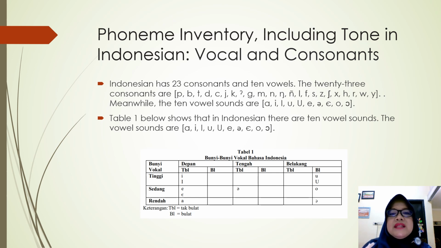When viewed in terms of the rise and fall of the tongue, the vowel sounds are classified into 3 categories, namely 4 high vowels, 4 medium vowels, and 2 low vowels. Meanwhile, in terms of the moving part of the tongue, the vowel sounds consist of 5 front vowels, 1 middle vowel, and 4 back vowels.